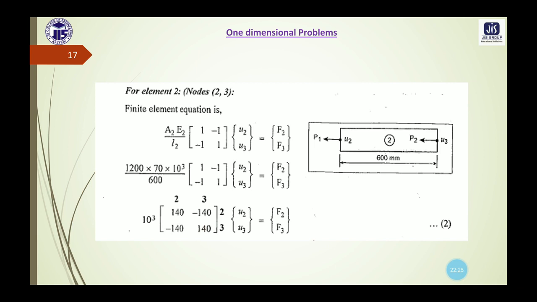Next, we apply the similar method to form the finite element equation for element 2 considering nodes 2 and 3. If we put the values of the area, Young's modulus and length of element 2 in the finite element equation, we get the final equation number 2 for element 2.